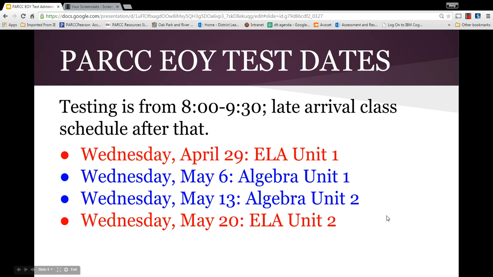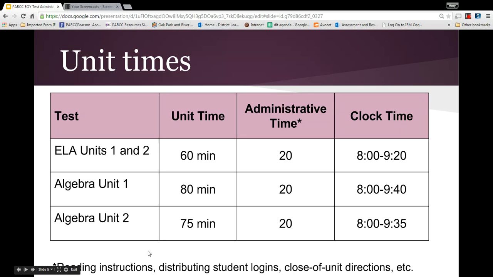Testing is happening during the late arrival time frame, and then we will be following the late arrival schedule after that. So you'll go to your first period class once testing is over. The ELA test has a 60-minute time frame plus 20 minutes of administrative time so that you can see roughly how much clock time the test will take.